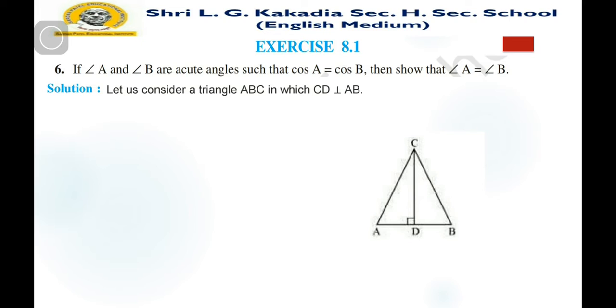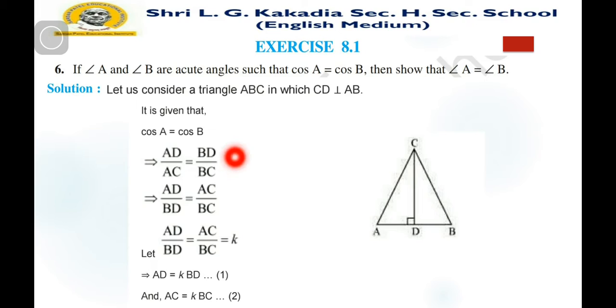So it divides the triangle into triangle ADC and triangle BDC. Now it is given that cos A is equal to cos B. Cos A is adjacent side upon hypotenuse, AD upon AC. Cos B is adjacent side upon hypotenuse, BD upon BC.